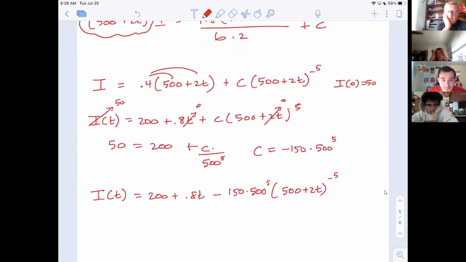Notice, this is a side point, but when t goes to infinity, this term is going to go to 0 because this is going to be 500 plus infinity, but it's moved to the bottom. So although 500 to the 5th power is a big number, 500 to the infinity is a much bigger number. This whole thing is on its way to 0. So basically this whole equation is going to act like the line 200 plus 0.8t, at least when t gets really large.